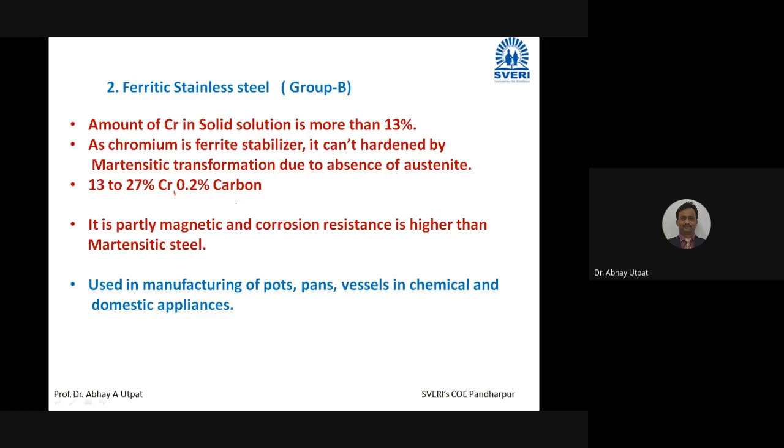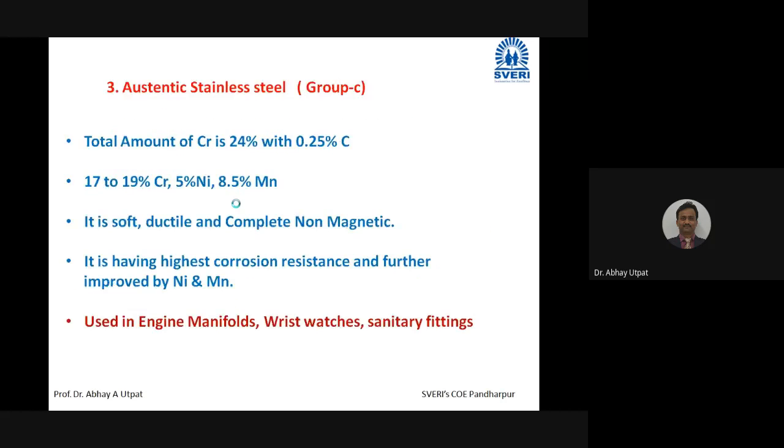If you go to the further type, that is group C, which has the greatest corrosion resistance properties. So out of these three, type C, that is austenitic stainless steel, has the highest corrosion resistance in all three categories.